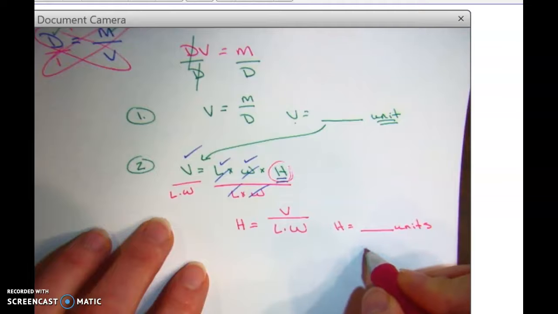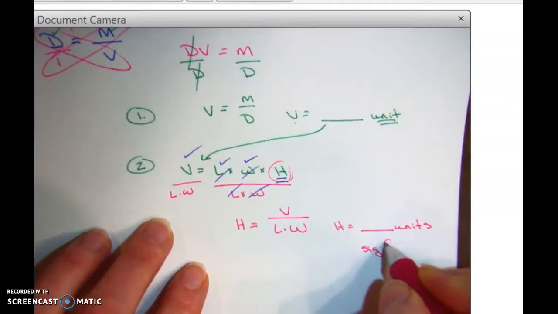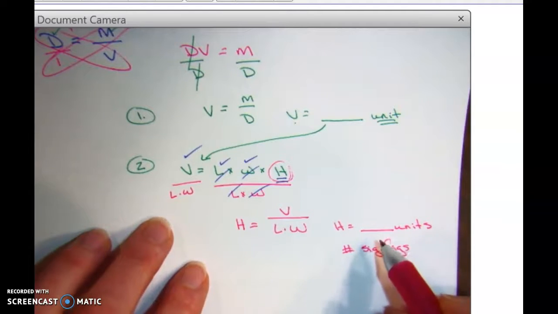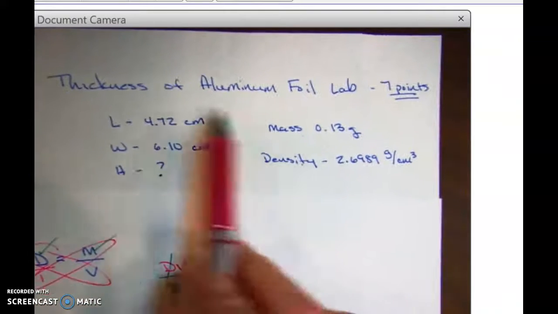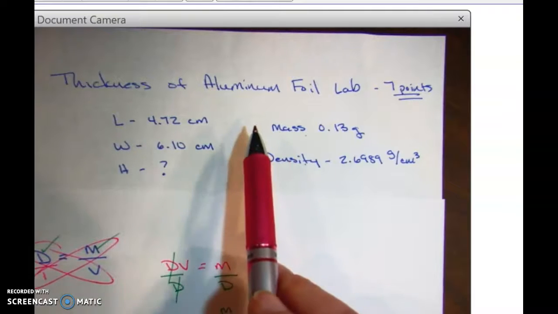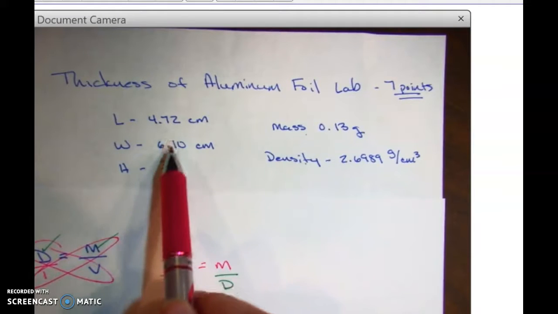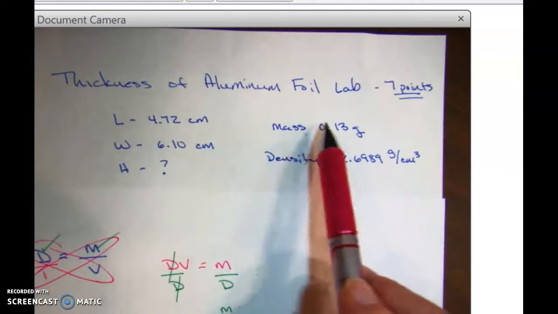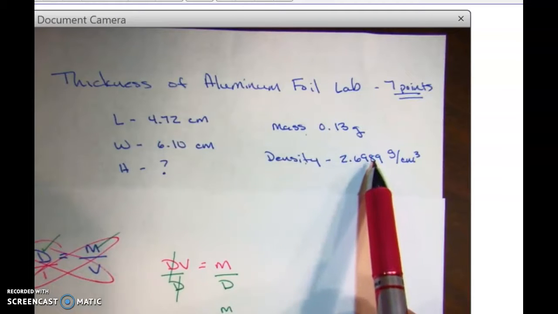Now, this answer must have the correct number of sig figs. So how do you determine the number of sig figs? You go back and you look at all the measurements you used, and you want the smallest number of sig figs. You have 3 sig figs here in these numbers. You have 2 sig figs in the mass, and you have 5 sig figs here.